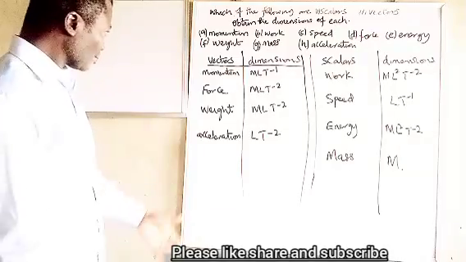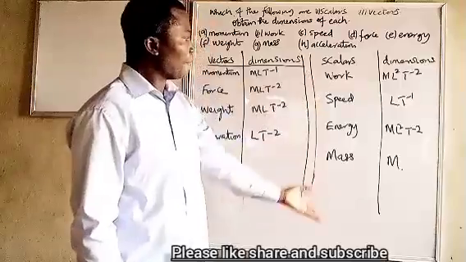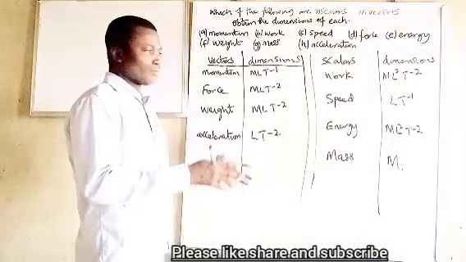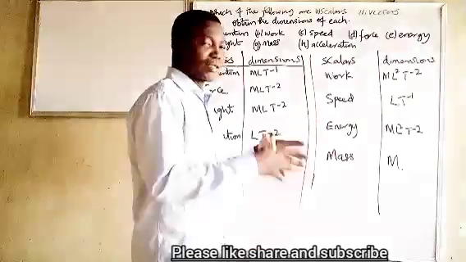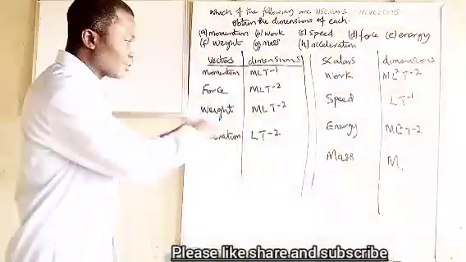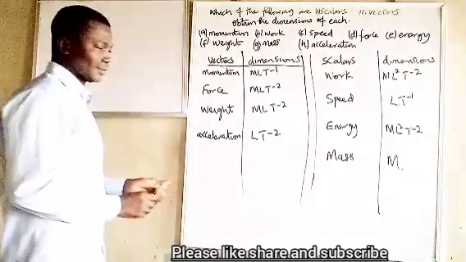How do I mean? If you are talking about speed, we put it under scalars. But speed and velocity have the same unit. When we are considering speed, we don't talk about direction, but when we are talking about velocity, we talk about direction. So dimensions has not really been able to differentiate between vectors and scalars.